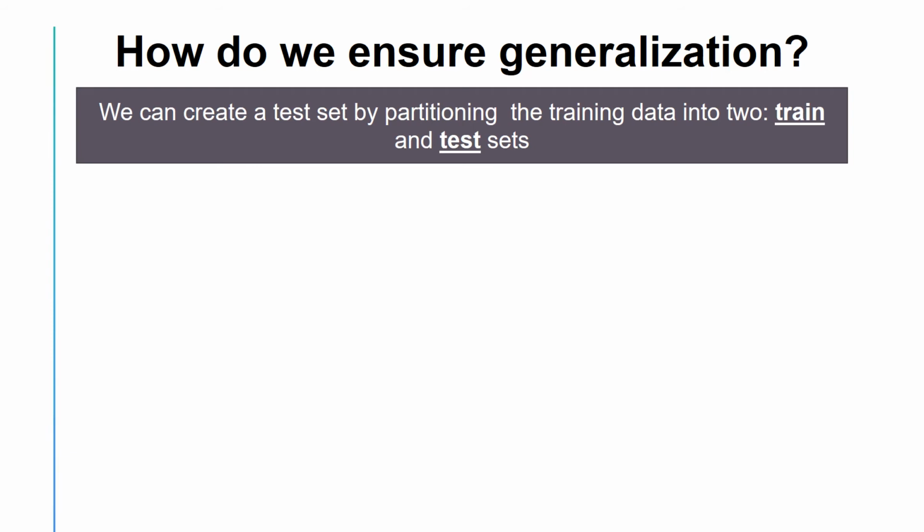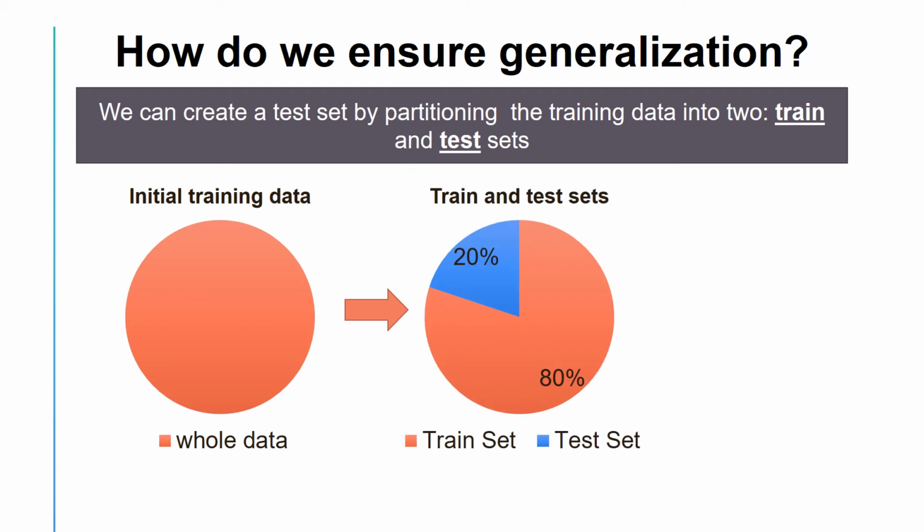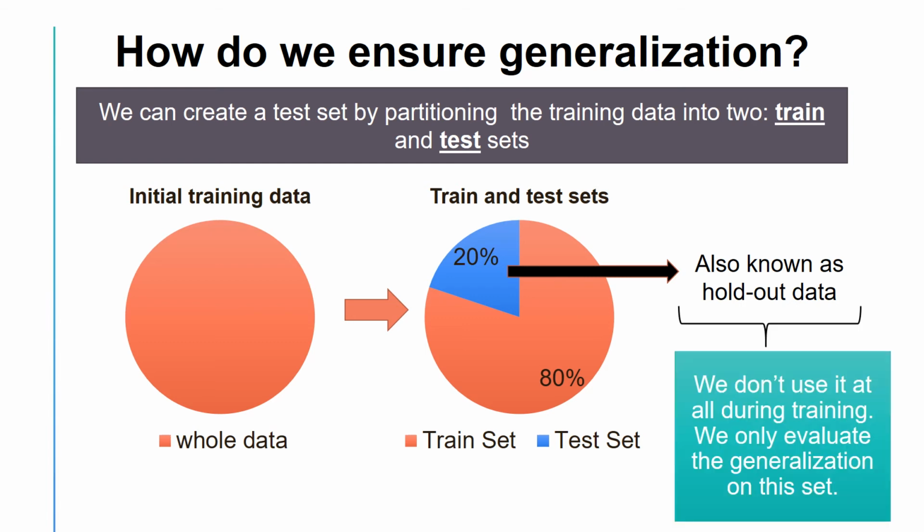For example, it is very common to use 80% of your data for training the model and then use the remaining 20%, which is the holdout data, to estimate the generalization performance. Since this holdout data was never used in the training phase, it gives you a more accurate estimate of the generalization performance.